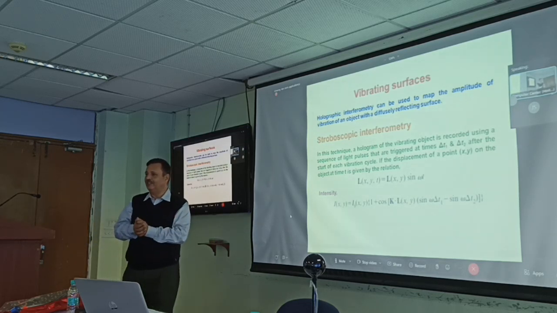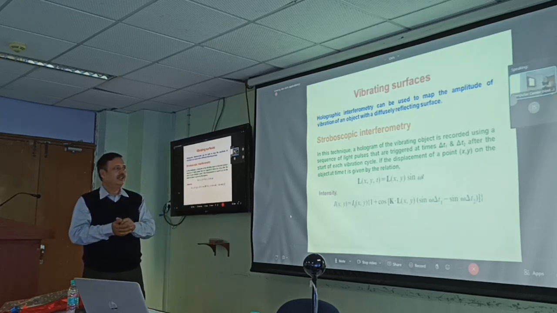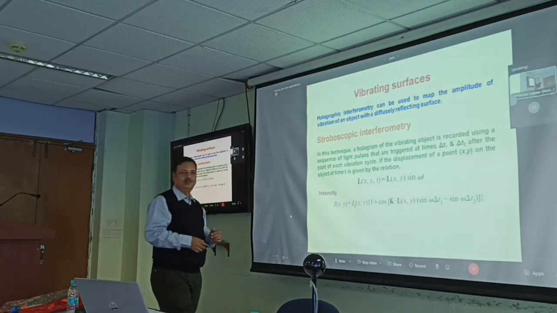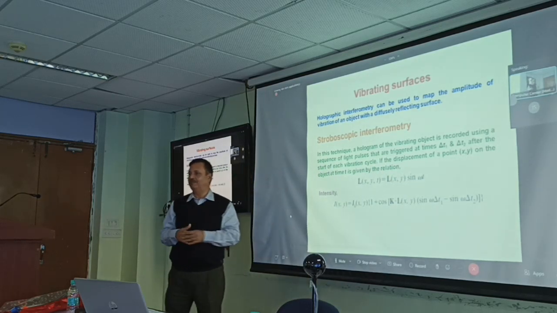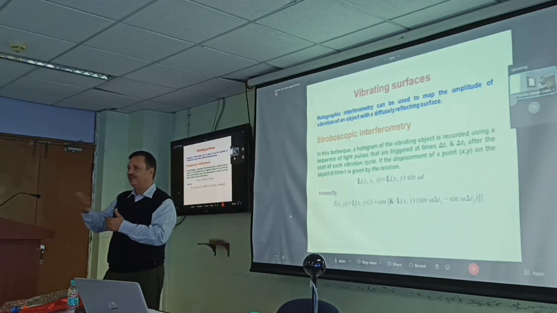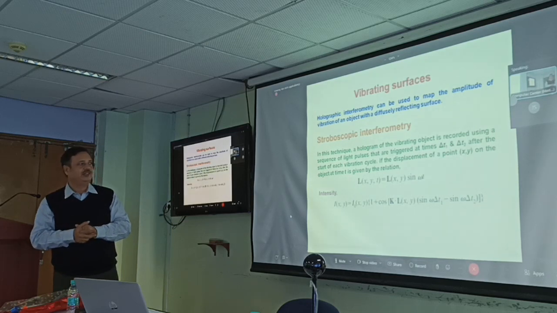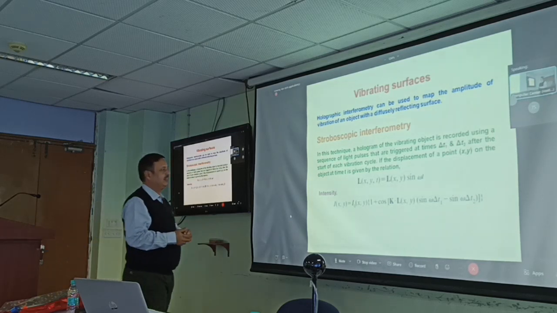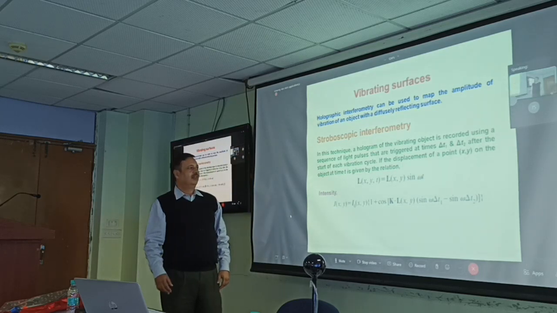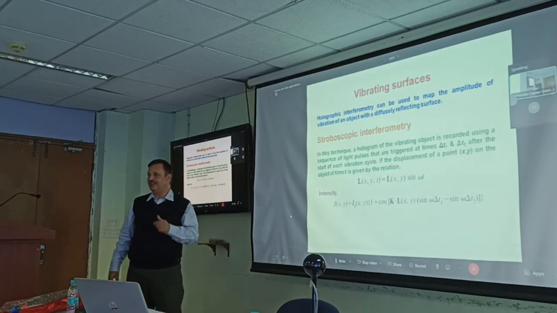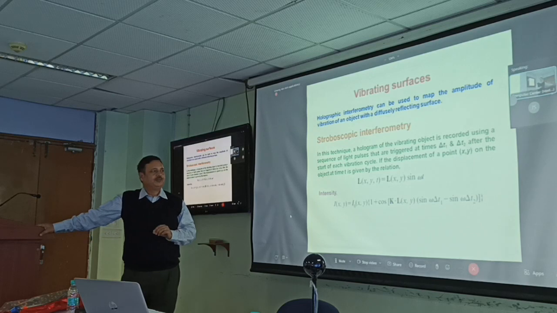You have to use pulsed light triggered at two different times, delta T1 and delta T2, because you need different timings to compute the vibrations. After the start of each vibration cycle, if the displacement at some point xy on the object at time t is Lxy sine omega t, this is how we can give the displacement.